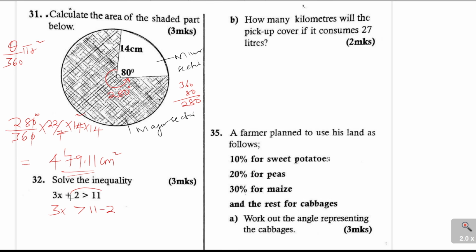Or simply you subtract 2 from both sides. So this will give 3x is greater than 11 subtract 2, which is 9. From there, divide both sides by 3. This will give x is greater than 3. So you have solved it, and that is the solution. That is question 32.